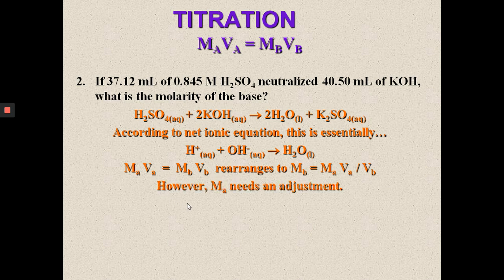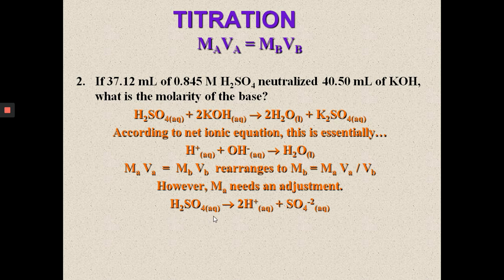However, MA, the molarity of the acid, needs an adjustment. Why? Because every time you have sulfuric acid that breaks down into ions, since it's a diprotic acid, you are going to generate twice as much hydrogen as usual.